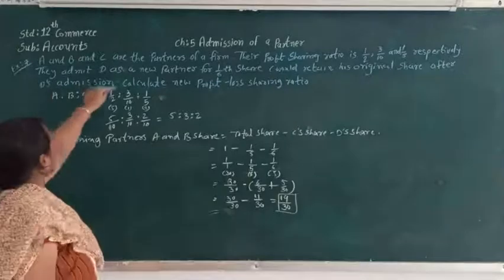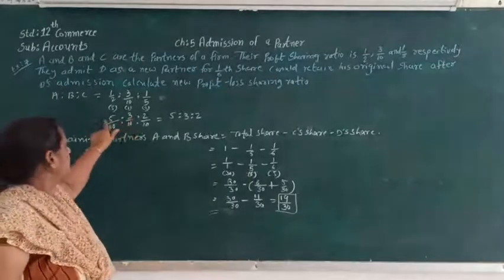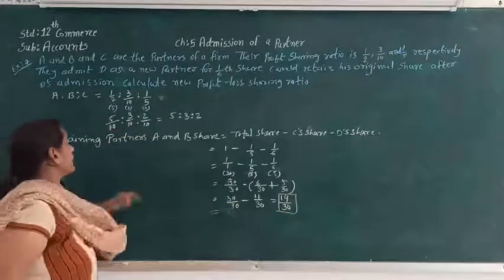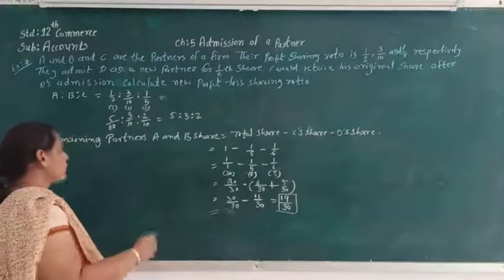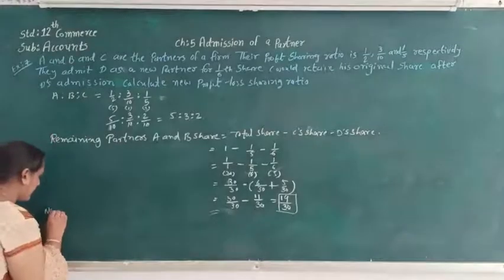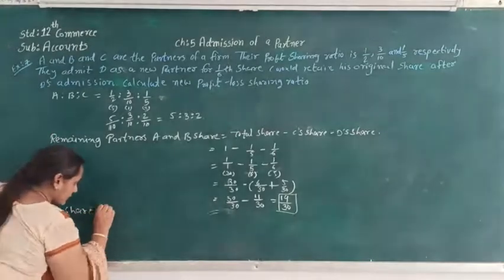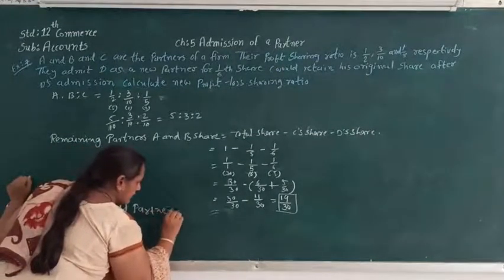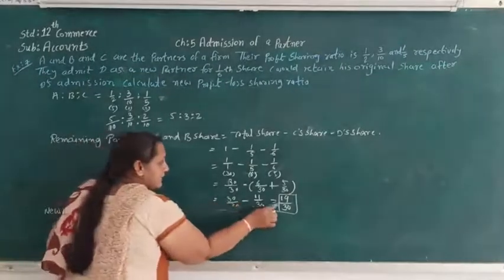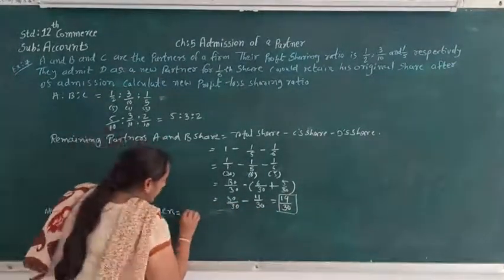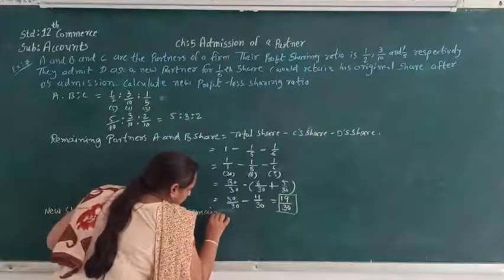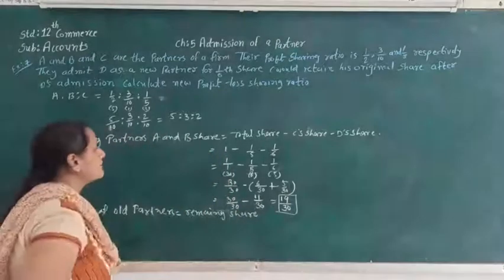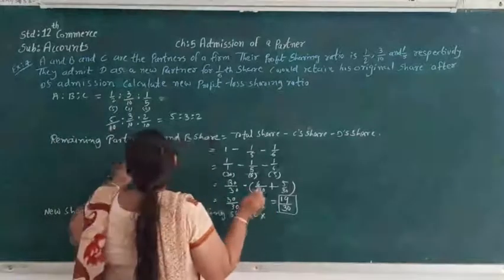Now they are going to share it in the ratio of their old share, so remaining share multiplied by old share.